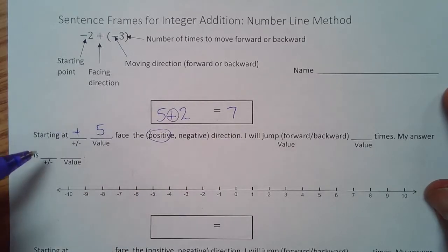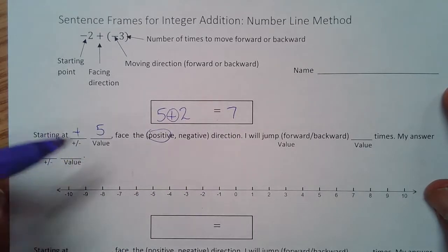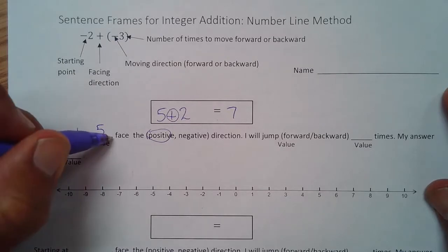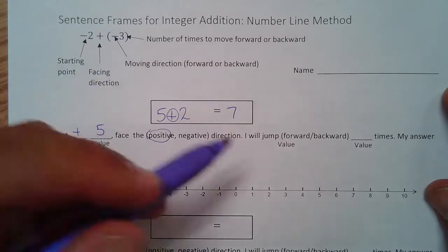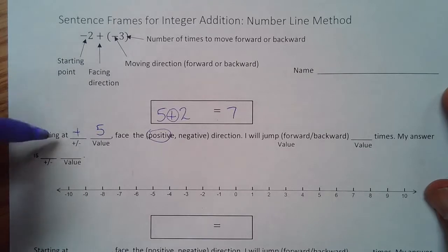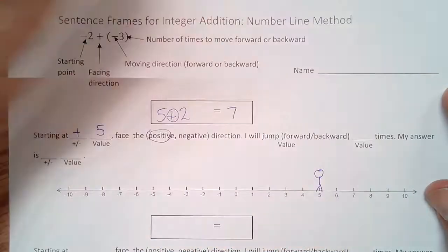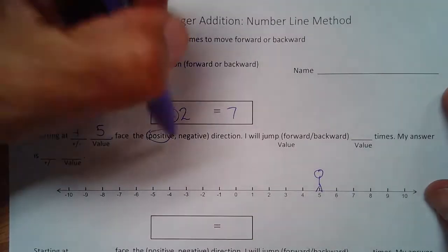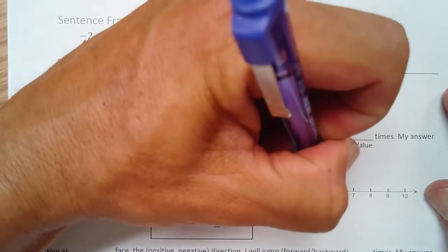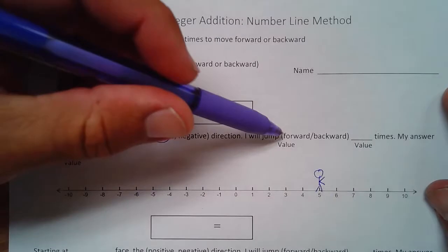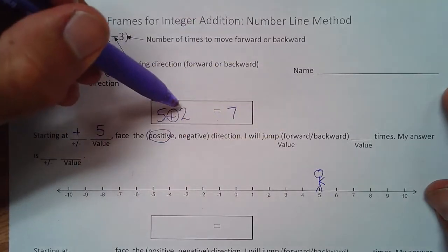So I'm going to start with my guy. My guy's at 5. And I should say a comma or period tells us to do something. So start at +5, which is right here. Here's a guy, no arms. And we're facing the positive direction, so we're facing that direction there. And I will jump forward or backward. I look here at the 2.